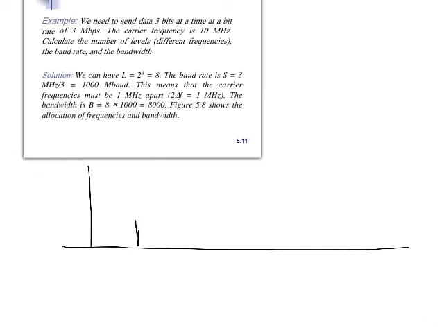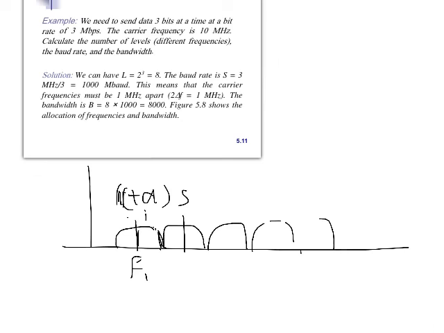At the frequency F1, I'm going to have a signal like this, and this signal's width is 1 plus D times S. If D is equal to 0, then it's S, which is 1 megabaud, so this is 1 megahertz. And then another one, and then another one, and so on.